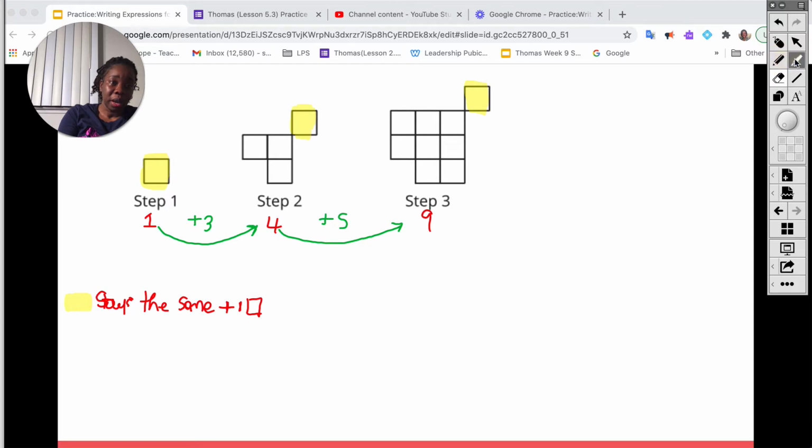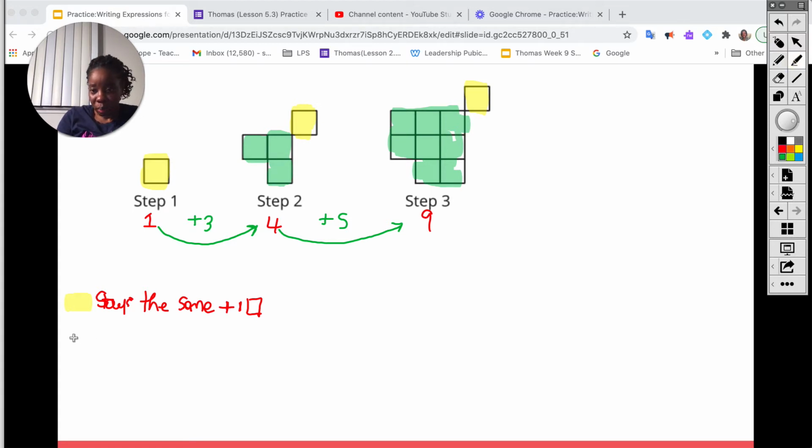And then let's look at what's changing. Oh, we have growing squares. Is this enough to kind of establish a pattern? So what would the step 4 look like?